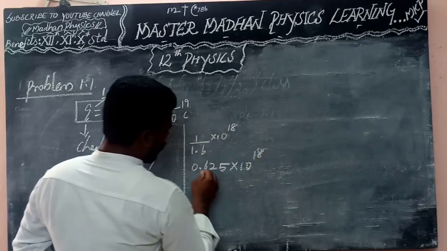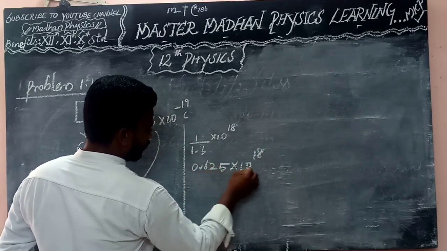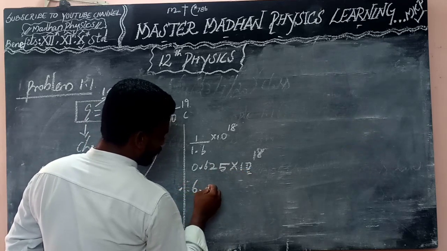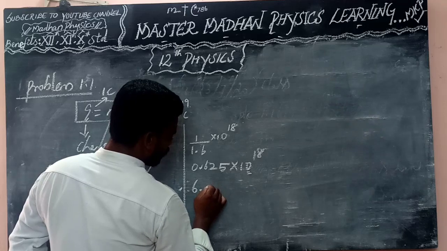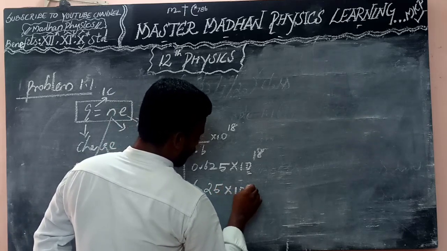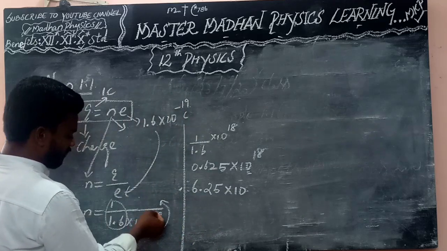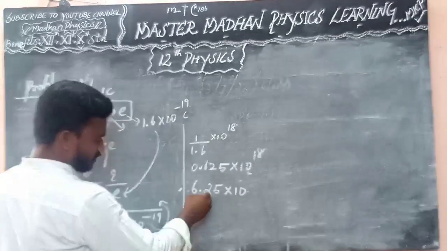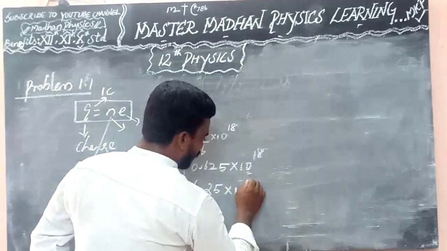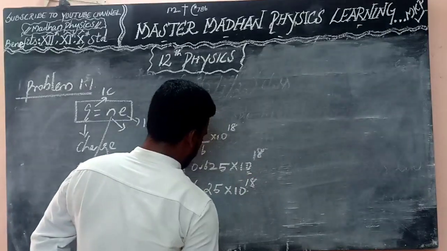After that, the decimal point moves by one digit, so 6.25 into 10 power 18.